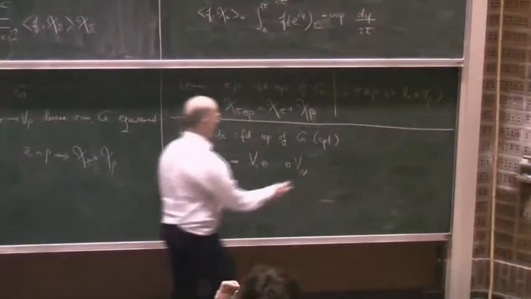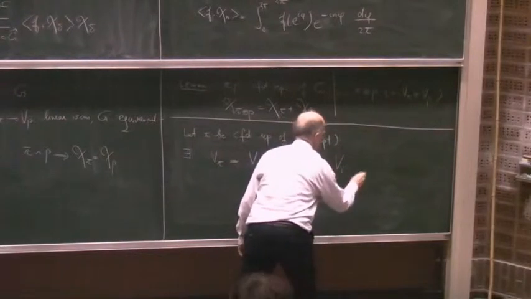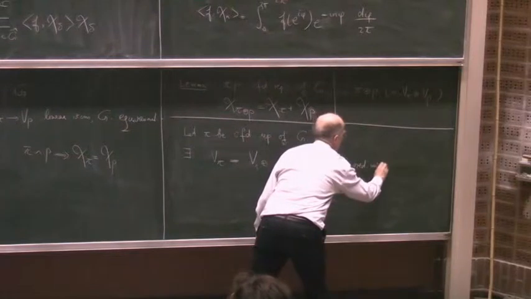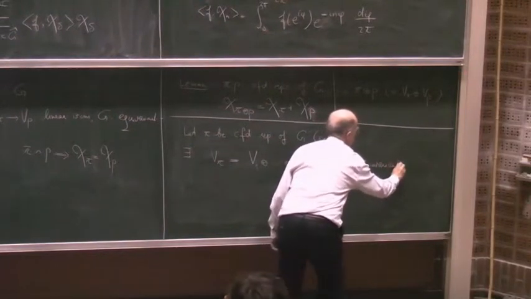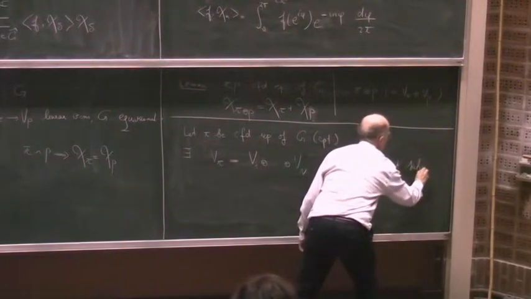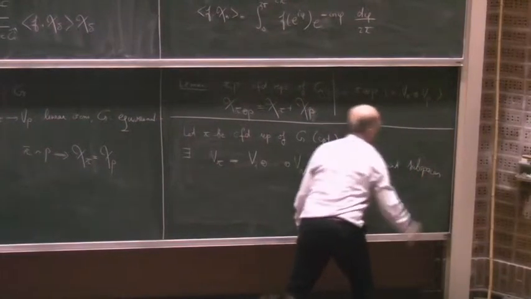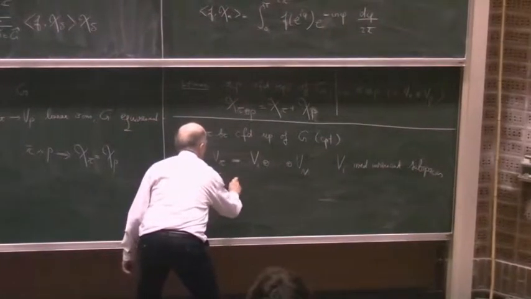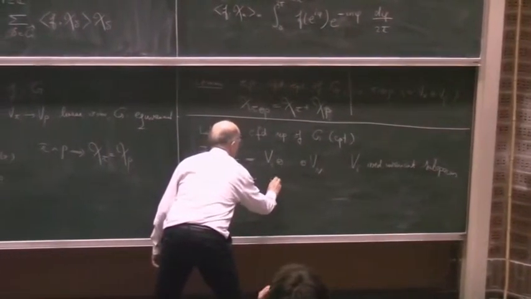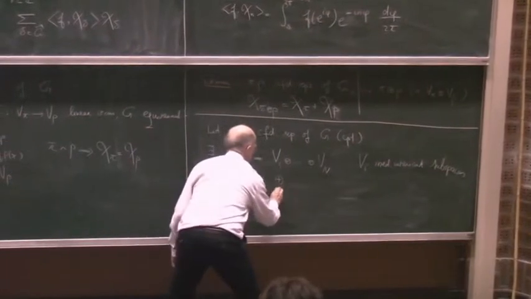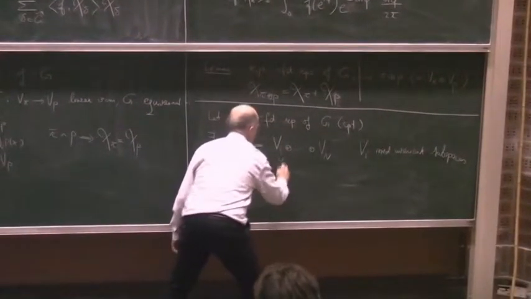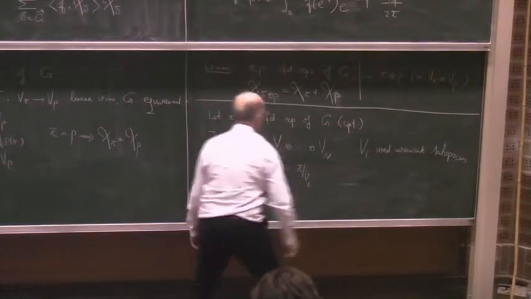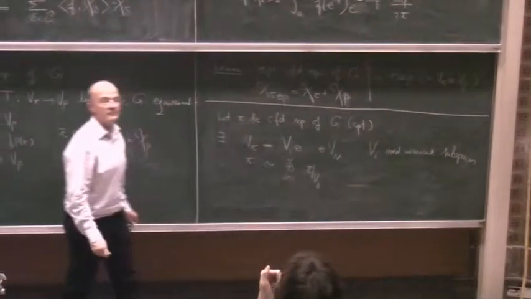So the V_j's are irreducible invariant subspaces. And the representation pi is equivalent to the direct sum from j equals 1 to N of the restricted representations. These are irreducible.